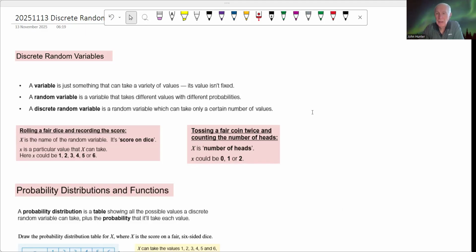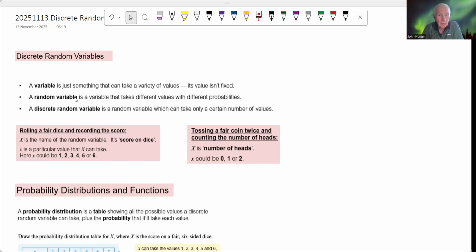First of all, if you haven't looked at random variables at all, it's worth looking at the definition. We have some random occurrence, and as a result of it we get a value, and that value is random. Then that is a random variable.